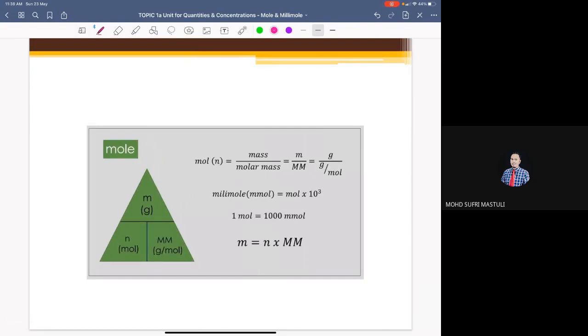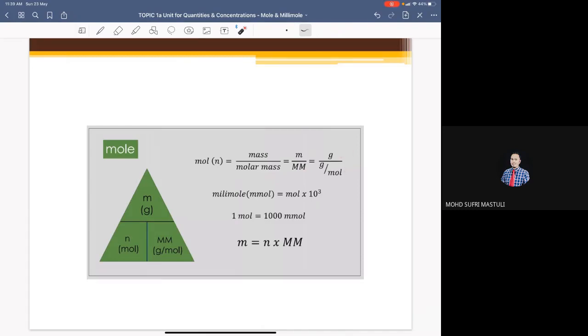This is another presentation about mole. As we understand already, in order to calculate the mole, it should be mass over molar mass, small m over capital M, or gram per mole.